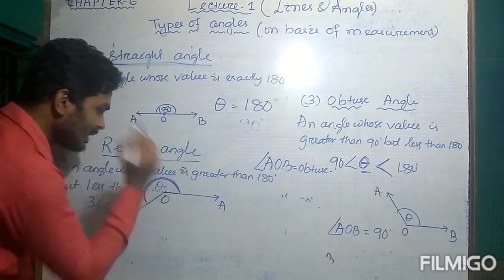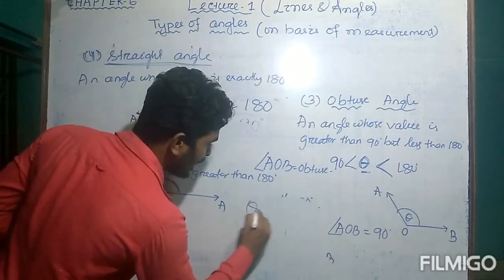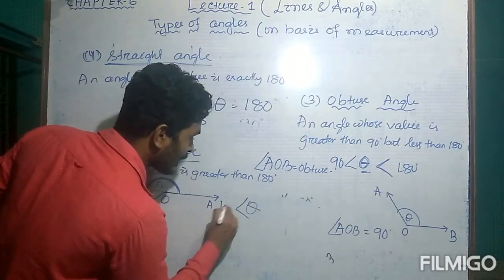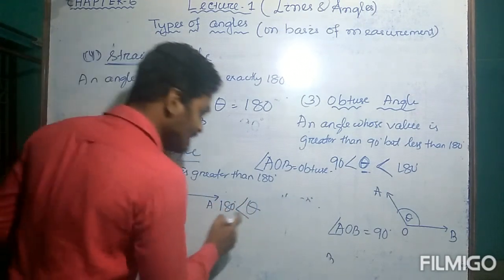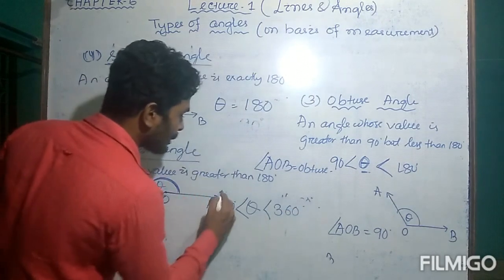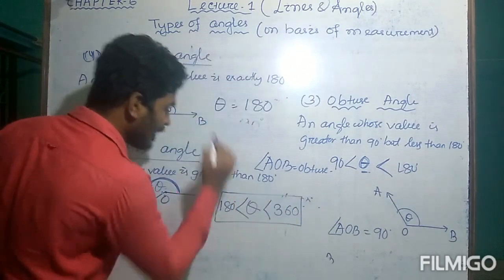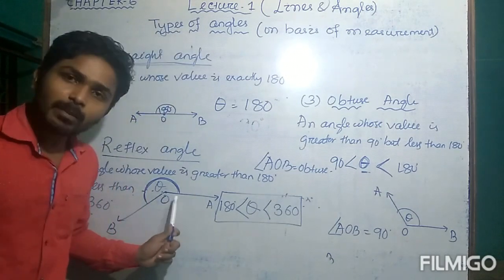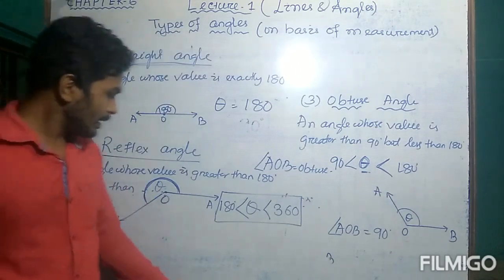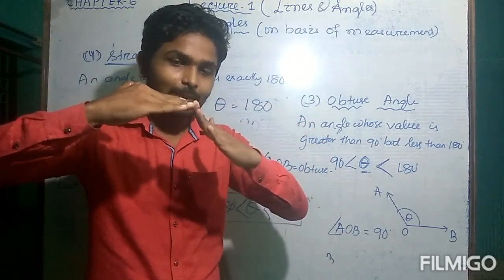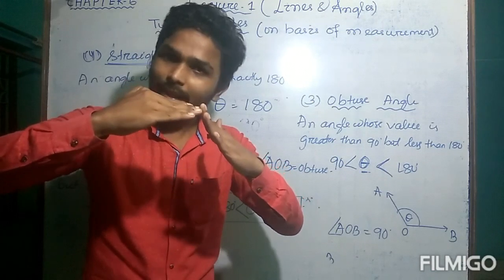So here the angle theta is greater than 180 degrees but less than 360 degrees. So this is a reflex angle. This is the graphical representation of reflex angle. This is straight angle, and now this is reflex angle.